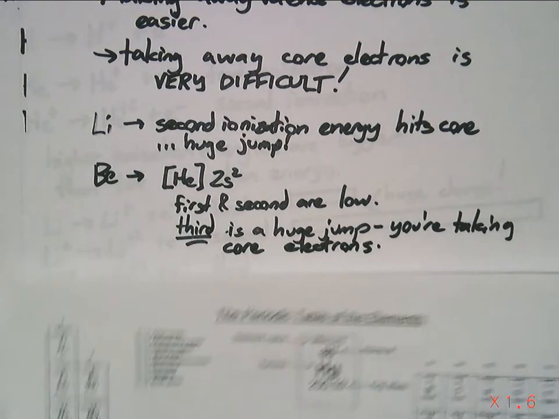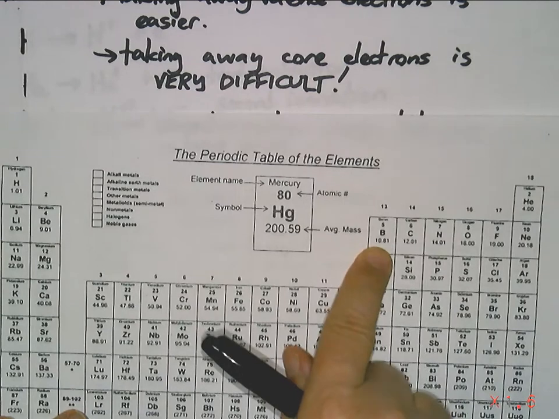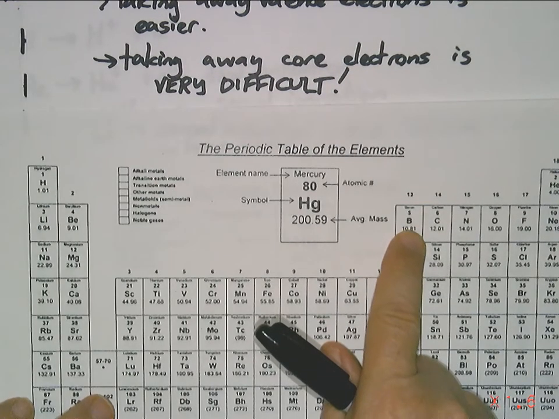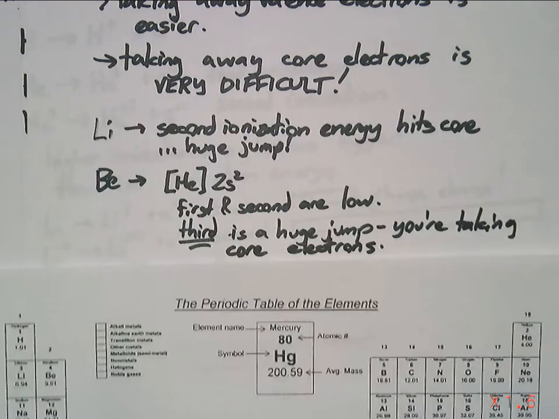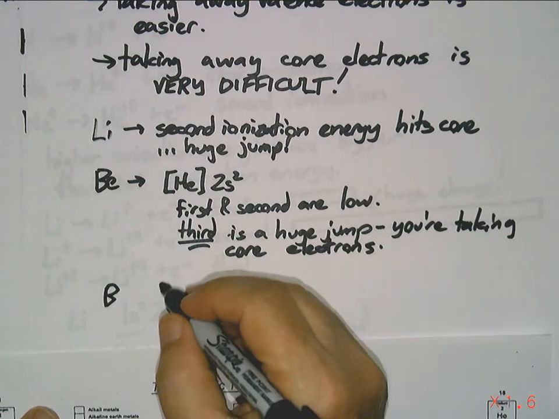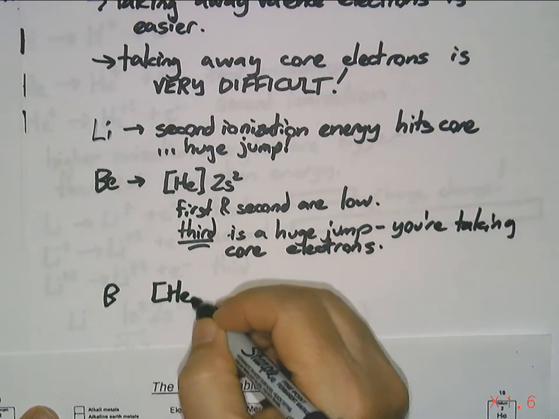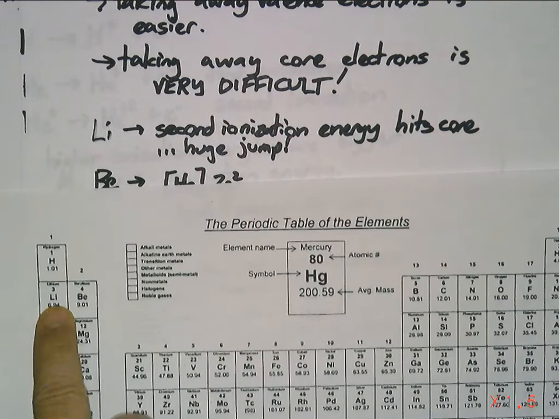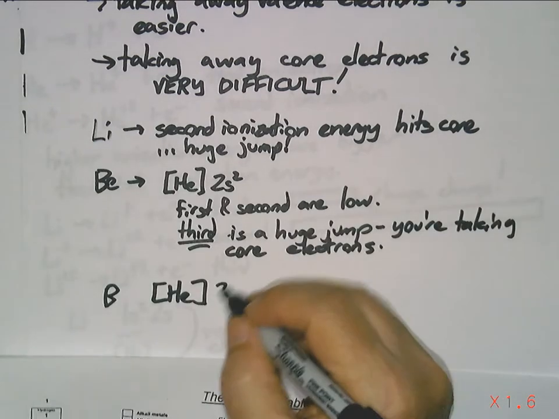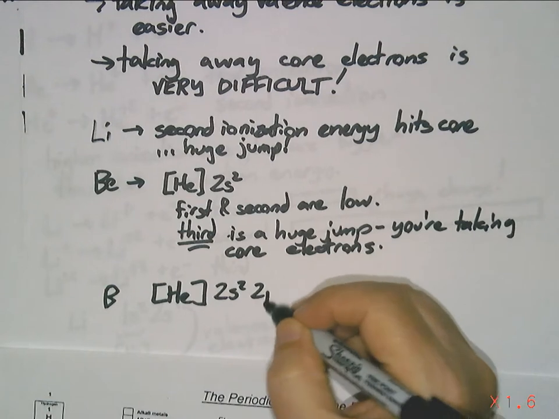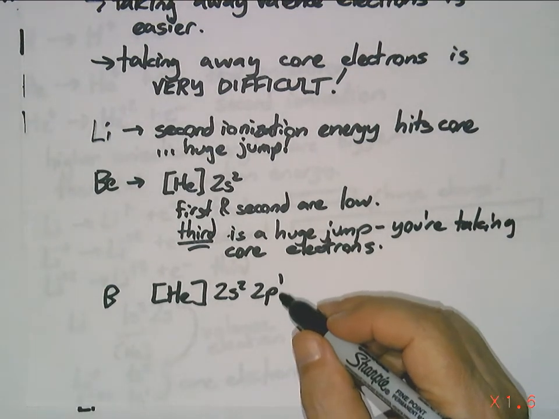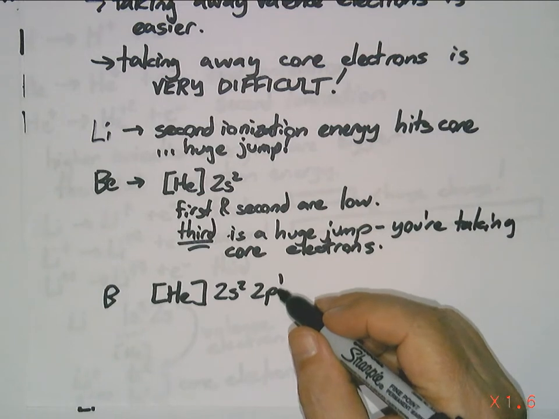Okay, you can keep going with that. If you look at boron, where are you going to see this huge jump in ionization energy? Well, let's write down the electron configuration for boron. Boron's got a helium core, and it's 2s2, 2p1. We ought to see a fairly low first ionization energy because you're taking this one out.